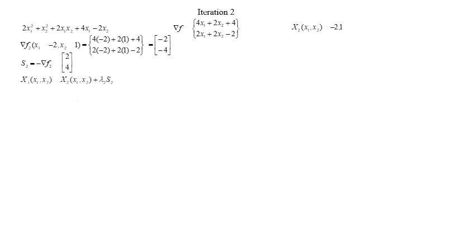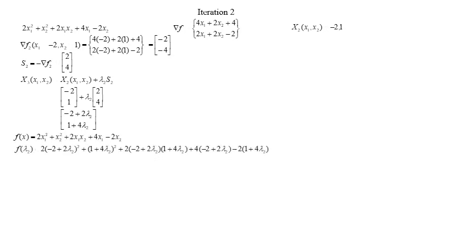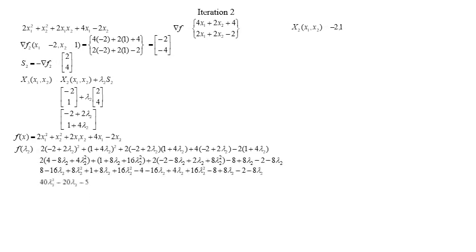Update values of coefficients x1 and x2 by adding lambda 2 s2 to it. Once again, write function f of x in terms of lambda 2. Take the derivative of f of lambda 2 with respect to lambda 2 and equate it with 0.